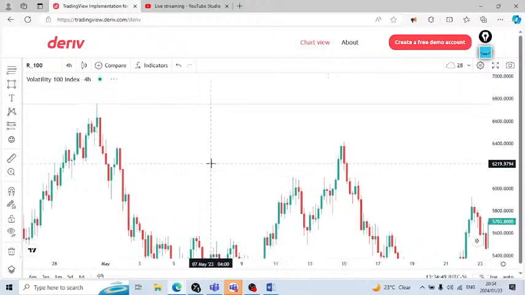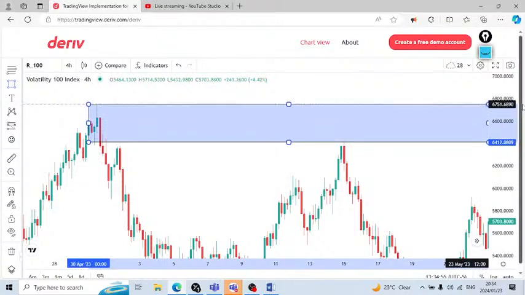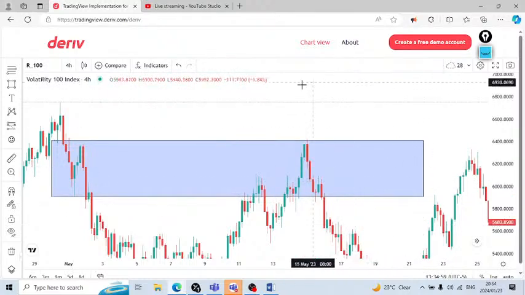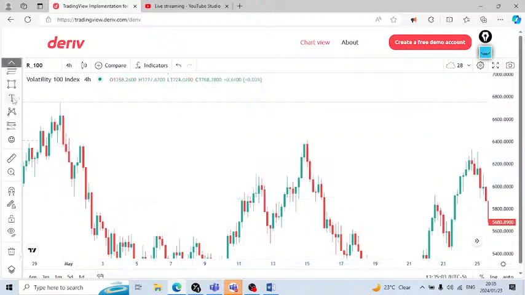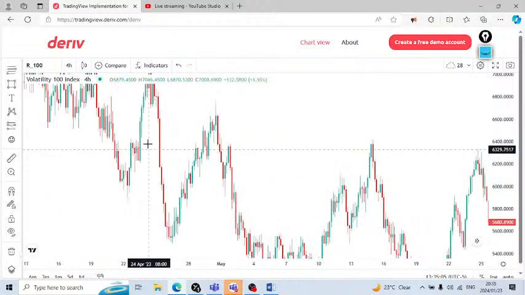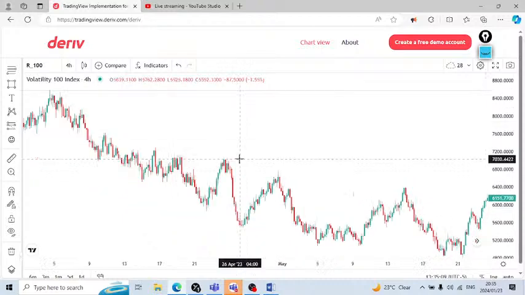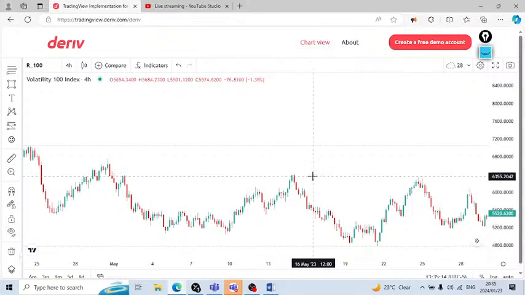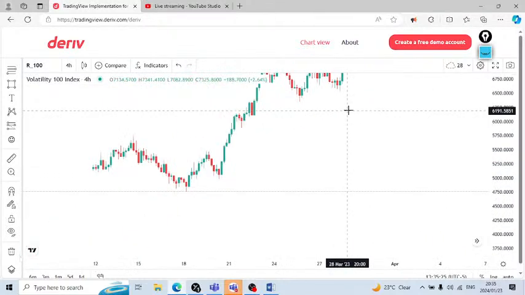Assuming that this is a level of resistance, let's be more practical. Let's try to identify where there was a level of resistance.